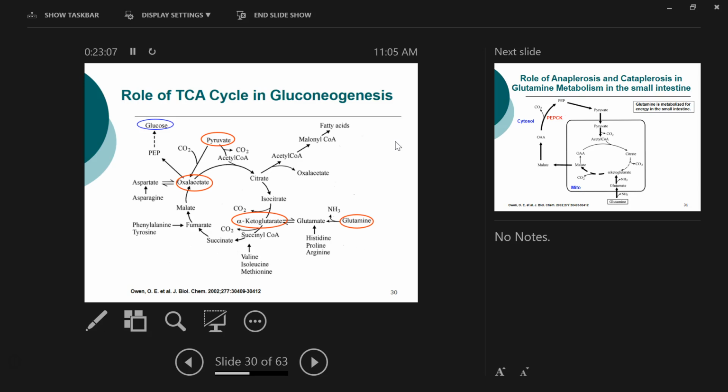It can be converted to alpha-ketoglutarate, go through many steps of the TCA cycle, and be converted eventually to oxaloacetate. Oxaloacetate then leaves the TCA cycle, is converted to PEP, and enters the gluconeogenic pathway for synthesis of glucose.